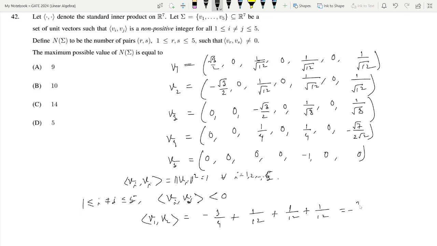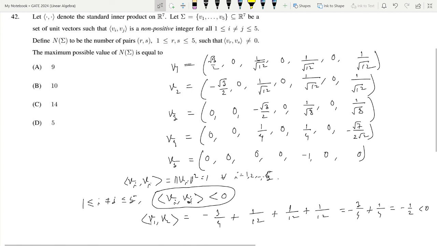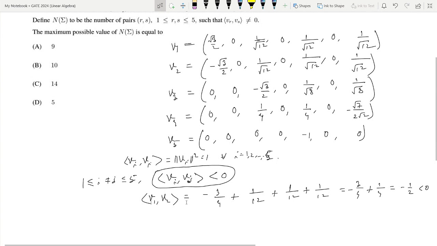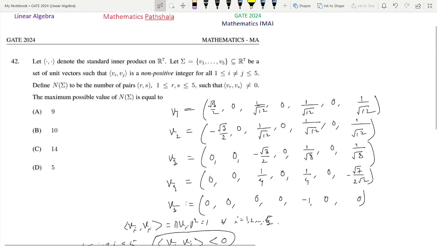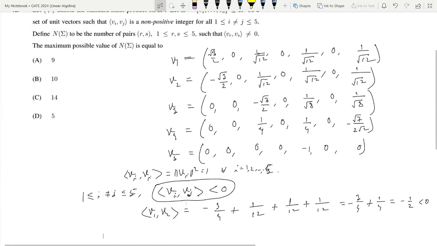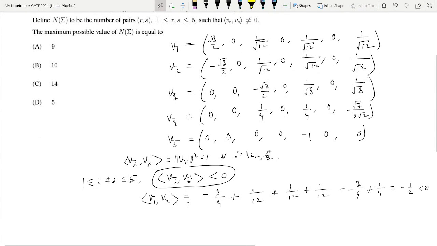So this is actually minus 3 by 4 plus 3 by 12, that is 1 by 4, so this is actually minus 2 by 4, that is minus half, which is less than 0. Similarly for all such i and j, this inner product Vi Vj will be less than 0. So such Vi Vj we have taken, and sigma is this V1, V2, V3, V4, V5, 5 elements which satisfy the given condition.